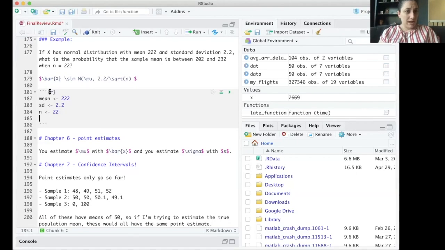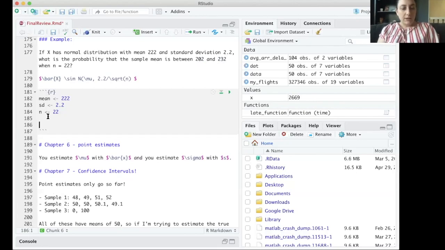So the probability that the sample mean is between 202 and 232 is going to be p norm, and we are estimating that with our mean 222, and our 2.2 divided by the square root of n.